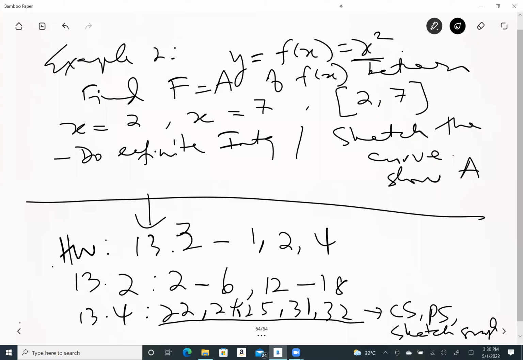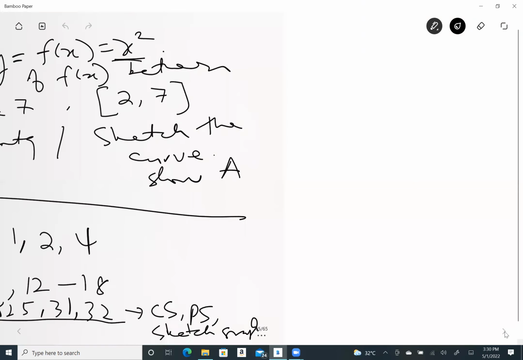So it's not directly the area under one curve, but it is an area identified by more than one curve. So we call it 13.3, area between curves.